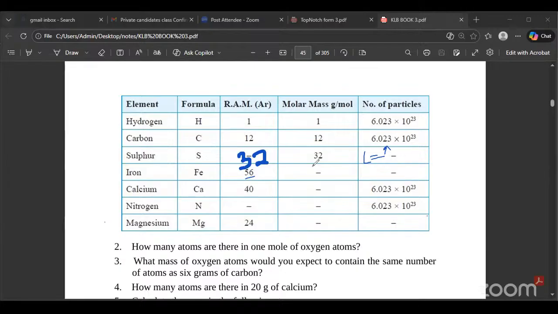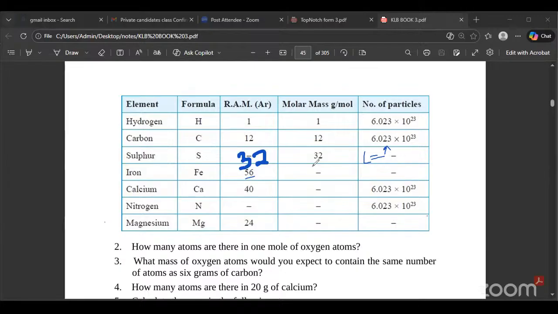What is the molar mass of iron, for example? Molar mass of iron? I want us to be together. Can anybody say what could be the molar mass?